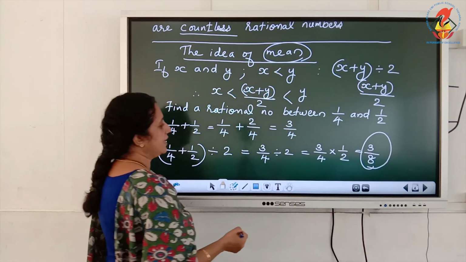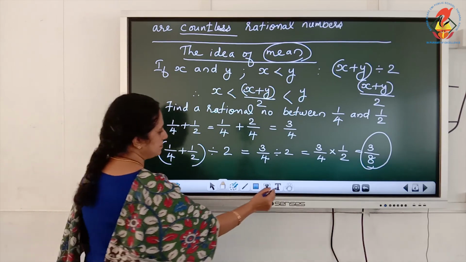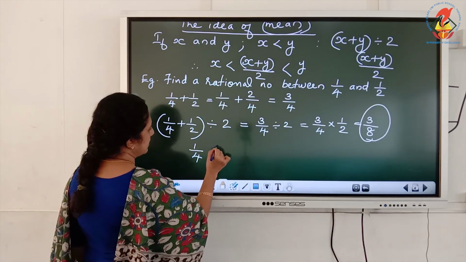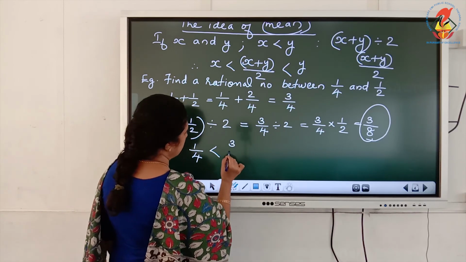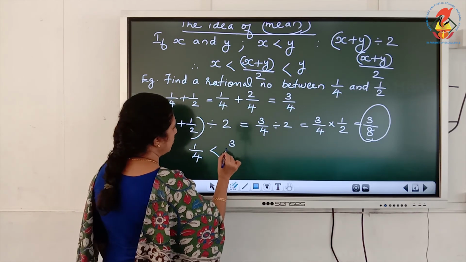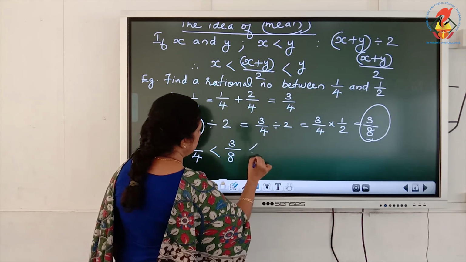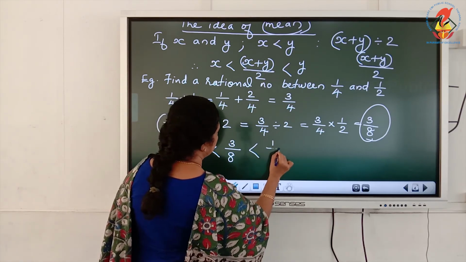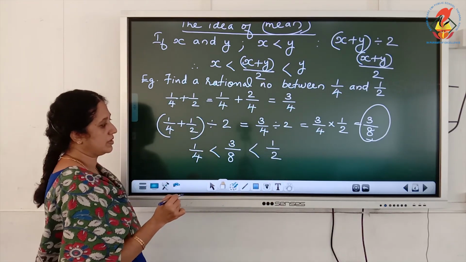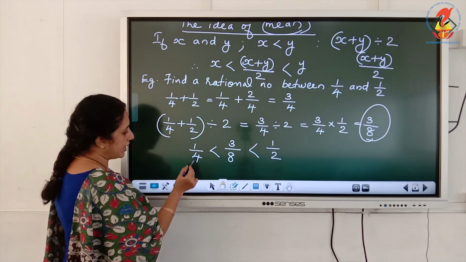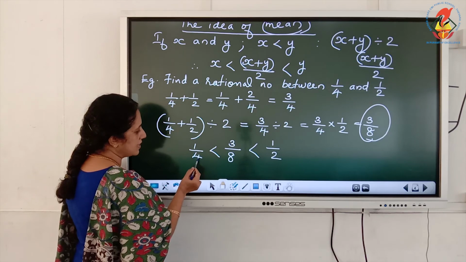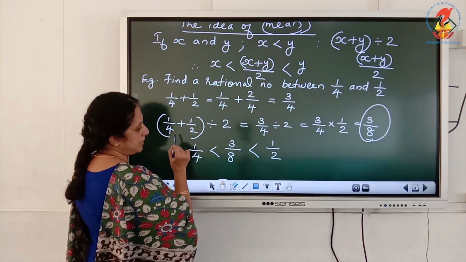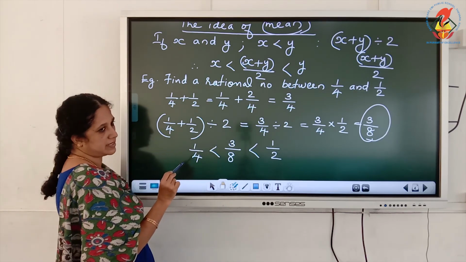So 3 by 8 is the rational number between 1 by 4 and 1 by 2. Which method? The idea of mean. We add these two rational numbers and divide the sum by 2, so you will get the first rational number.